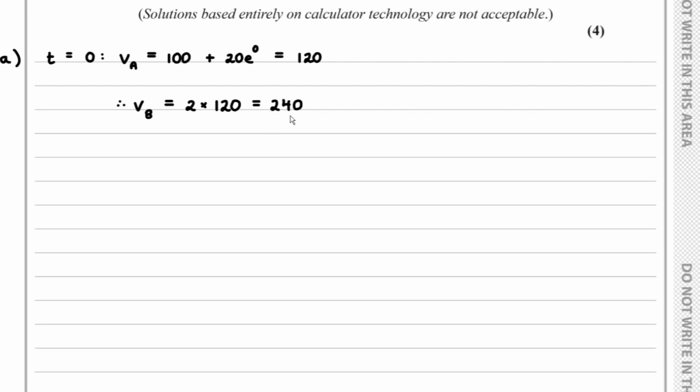So VB is 240 when t is 0. And knowing that VB equals P e to the negative 0.02 t, when t is 0, we would have P e to the 0 equals 240, which means P is equal to 240, meaning VB is given by 240 e to the negative 0.02 t.